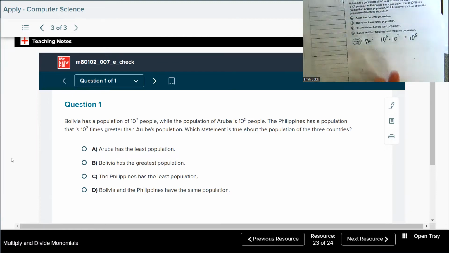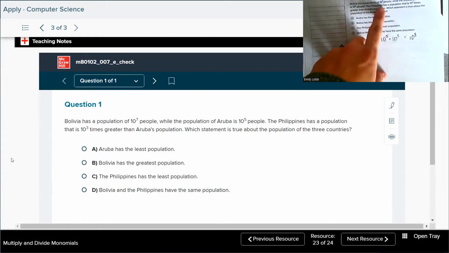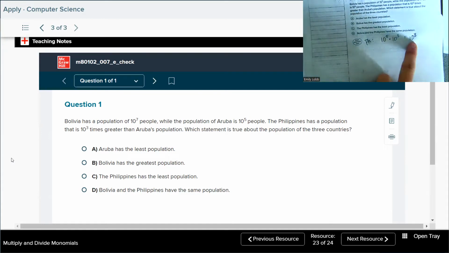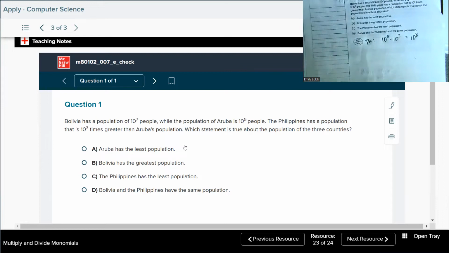All right, so now we can compare them. One has 10 to the 7th, one has 10 to the 5th, and one has 10 to the 8th. It's asking us, which statement is true about the population of the 3 countries? Does Aruba have the least population? Yes. Does Bolivia have the greatest population? No. Does the Philippines have the least population?